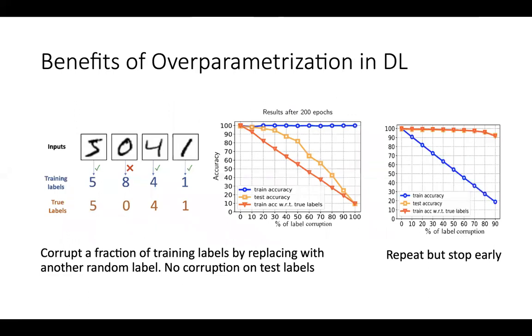Let's consider this example. We start with corrupting the training labels by replacing them with a random label. For example, in this case, this is an 8, but we randomly mislabel it as 0. And what we observe is that the test accuracy actually does not degrade as much.